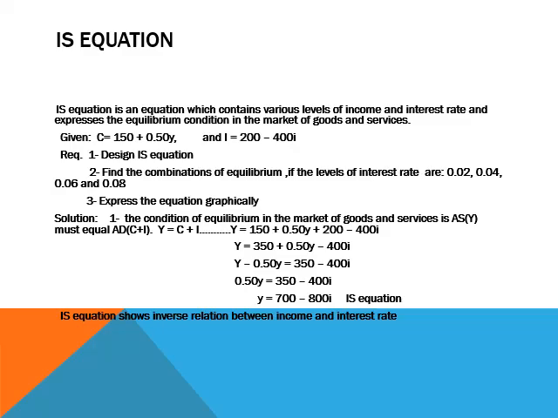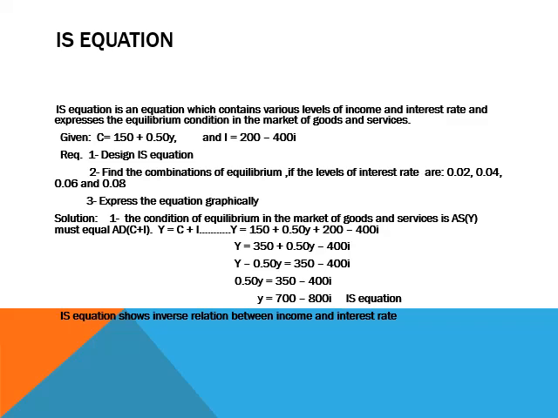Okay, we know that the condition of equilibrium using expenditure methods is Y equal C plus I. Y is used interchangeably as aggregate supply as well as income.